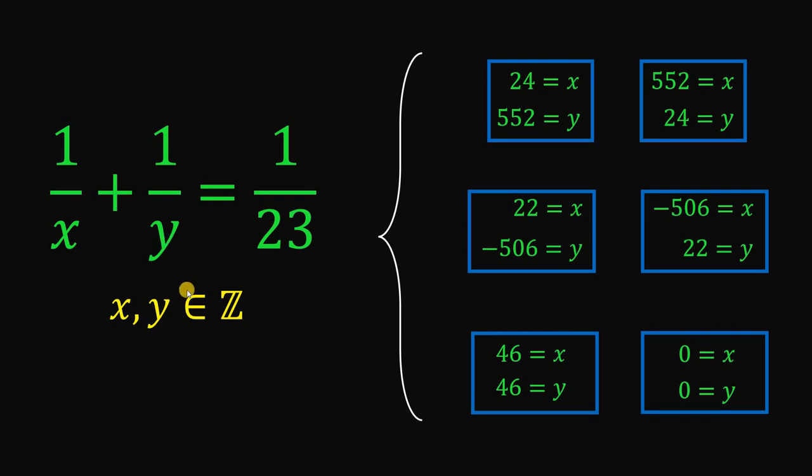Otherwise, 1 over 0 is undefined. Therefore, x equals 0 and y equals 0 is not part of our solution. Therefore, we only have 5 possible pairs for x and y. And here they are. And as always, we are done.